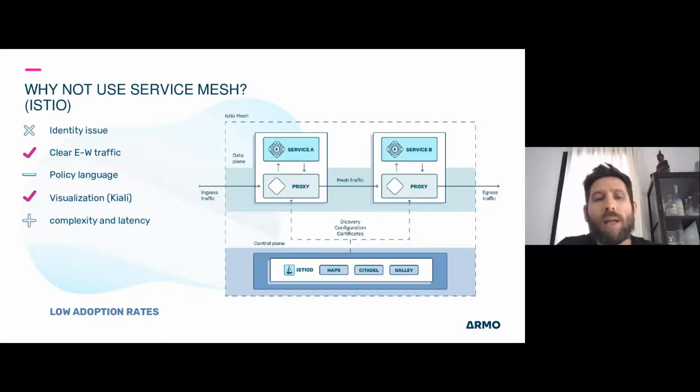If you install Kiali, you get visualization, so you are able to visualize the communication patterns between different services, but it has complexity and latency, which is something that I heard from a lot of customers. And if you follow the CNCF reports, you still see a low adoption rate when it comes to Istio or any other service mesh. So that's not a real answer to our challenge.